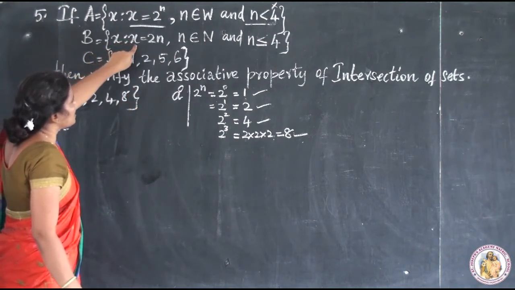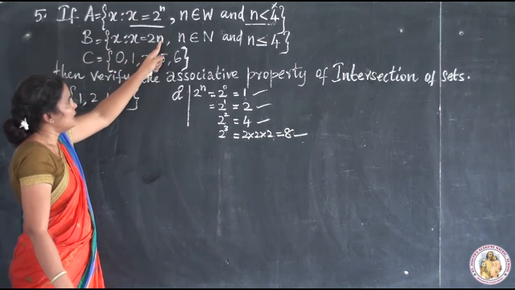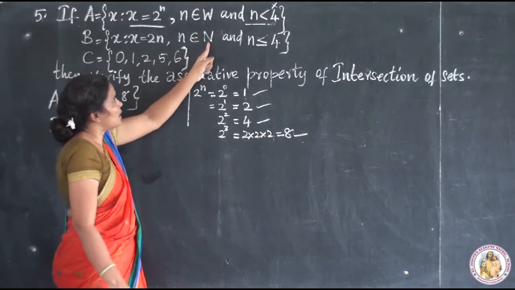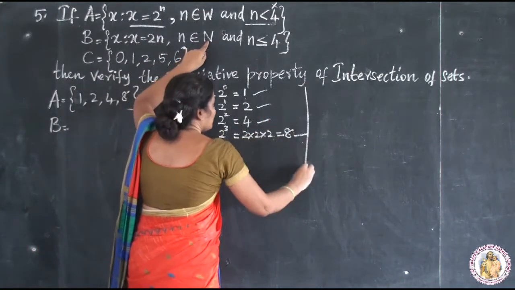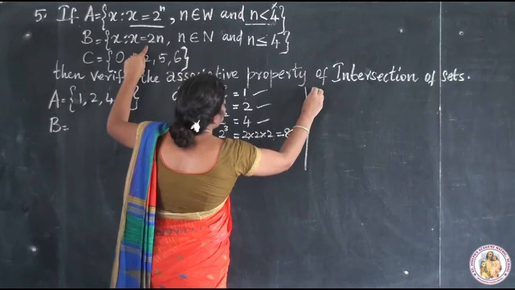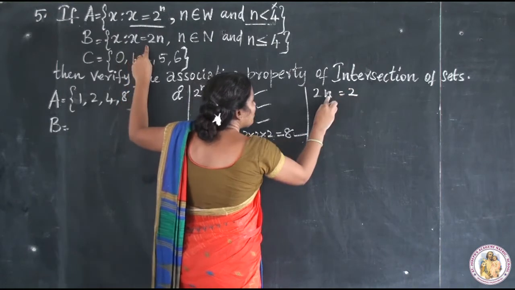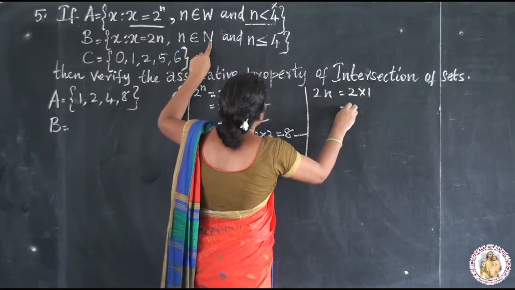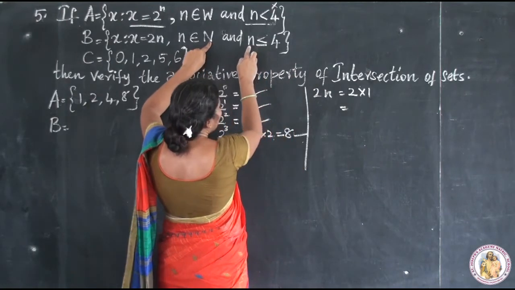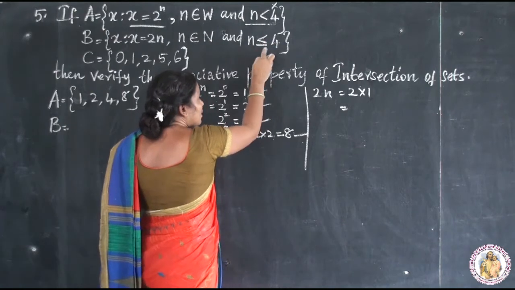Now let us find out what is B. B is {x such that x is equal to 2n}, that is 2 multiplied with n. N belongs to natural number. Natural number starts from 1. So 2n is 2 multiplied with natural numbers, and again here we have the condition n is less than or equal to 4.